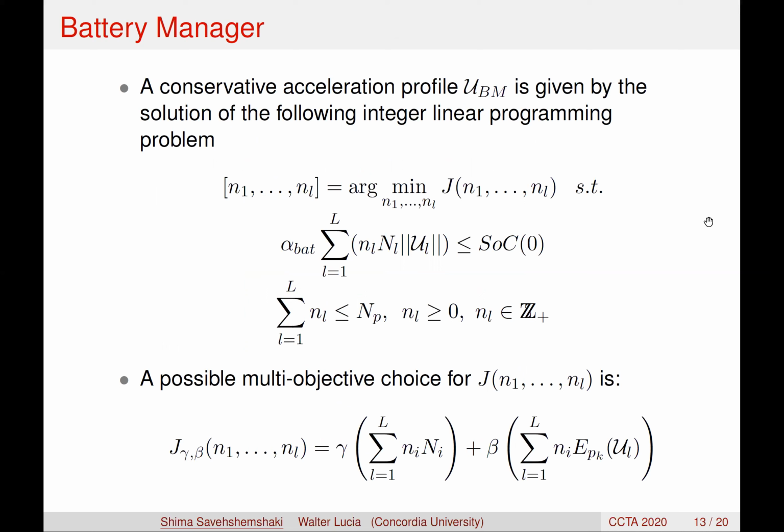A possible multi-objective choice for J, which is a function of N_1 to N_L, is this equation, in which we define weighting parameters, gamma and beta, for the time that the EUV takes to track, this one, and for the energy, this one, that the EUV consumes to track.